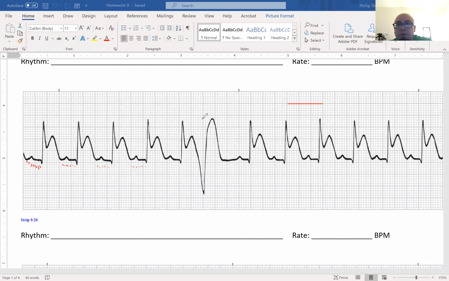And if you look all the way across, it looks like it's not changing. We have a consistently large PR interval, a PR greater than 0.2 seconds, which equals a first degree AV block.